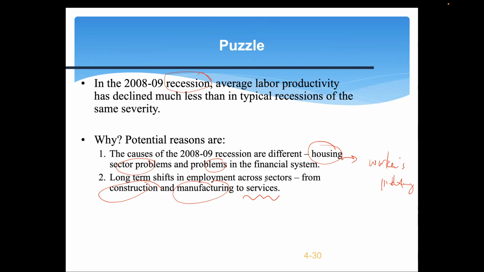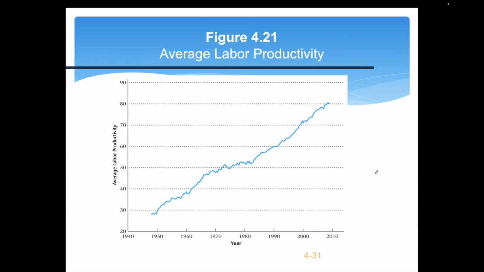That's kind of compensate the shock. Because usually in the service sector, the workers are more productive. So yeah, they are losing jobs in construction and manufacturing, but now they shift to this sector, and it's going to offset each other. Hence, if you look at the workers' labor productivity, it won't drop too much.